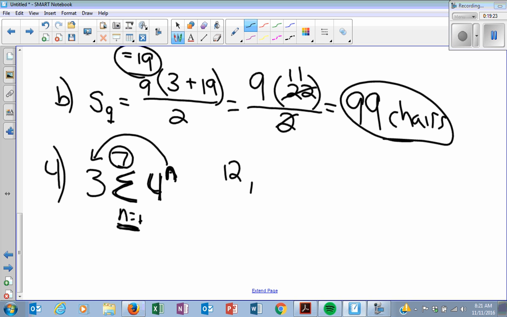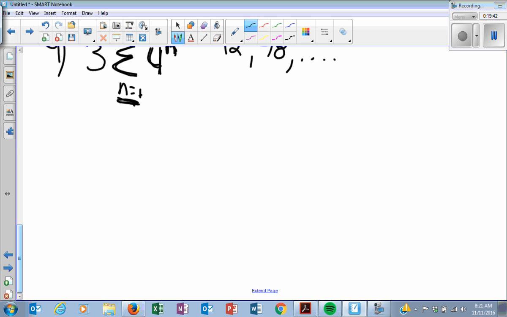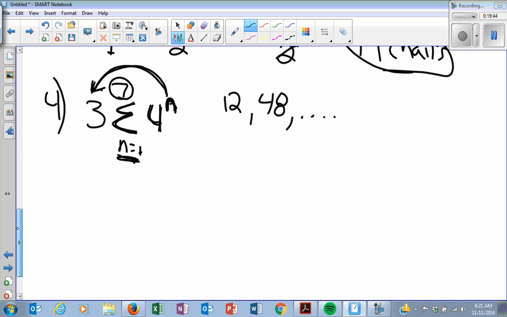If I wanted the second one, I would plug in 2, and it would now become what? And 4 to the second power is? And 16 times 3 is? And so on. I could keep going. But there's no need for me to waste all that time. I don't need all those values, do I?